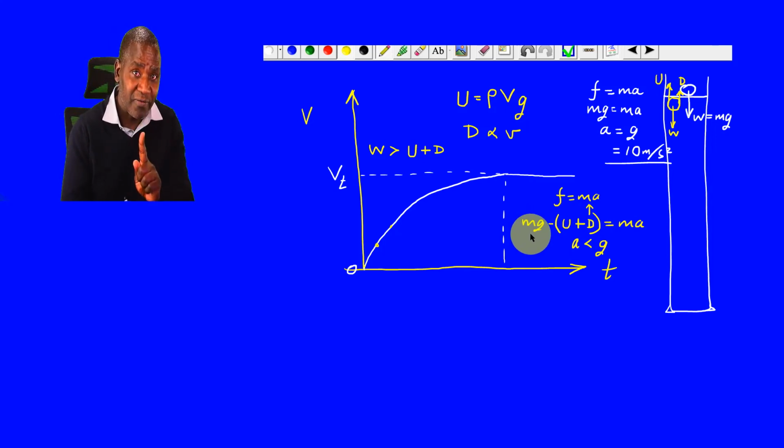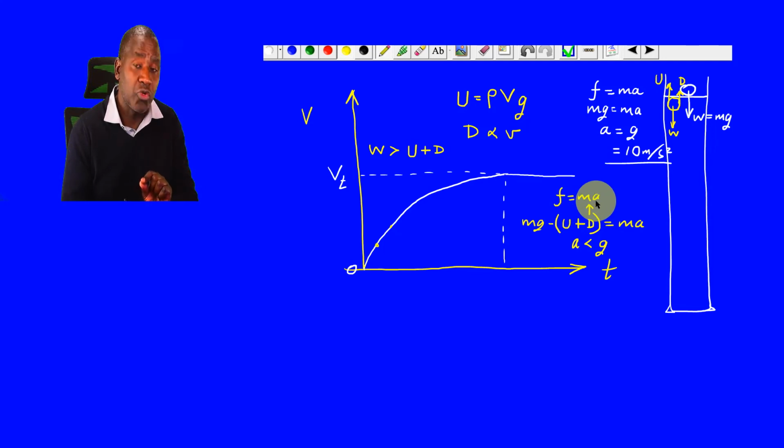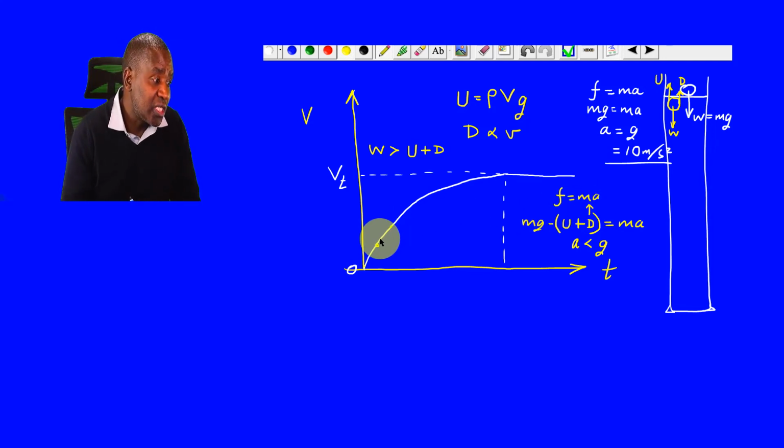What is the result of that? The resultant force becomes smaller and smaller and smaller. And when the resultant force reduces, the acceleration also reduces. And that is what we see when we look at this graph. You find that the gradient reduces until the gradient becomes zero.